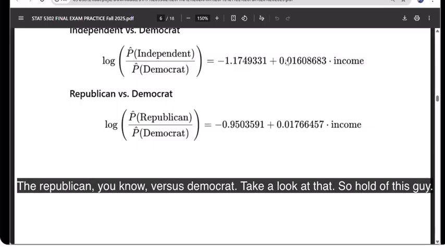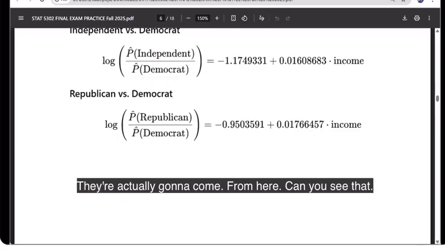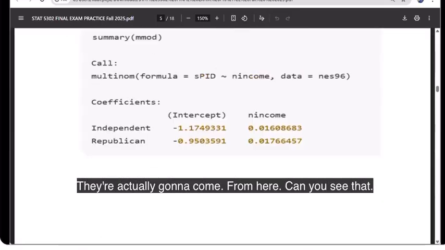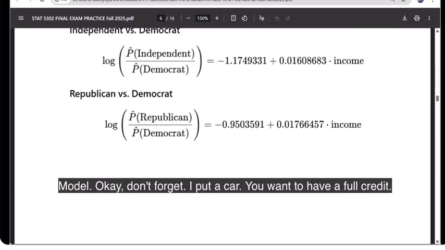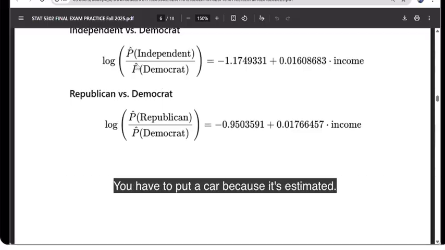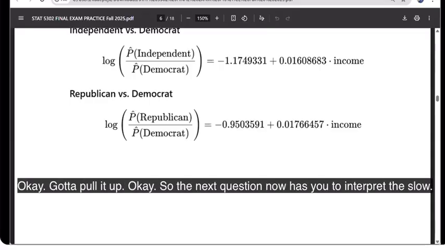Take a look at that. So all of these actually come from here. Can you see that? That's super cool, right? So now that is the estimated model. Don't forget I put a cap. If you want full credit, you have to put a cap because it's estimated. Okay, gotta put a cap.